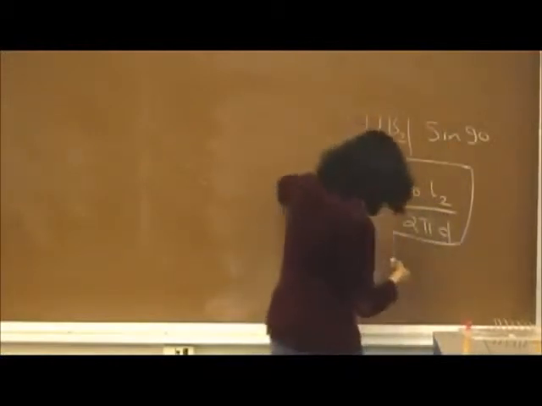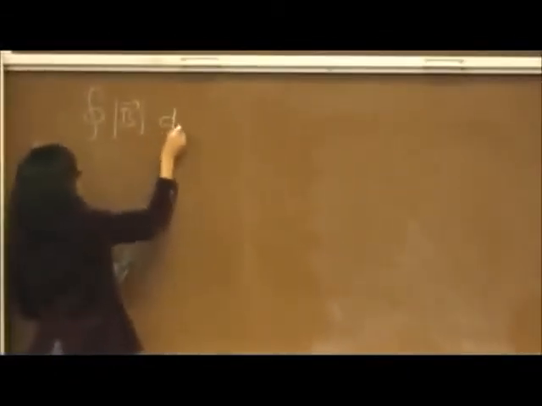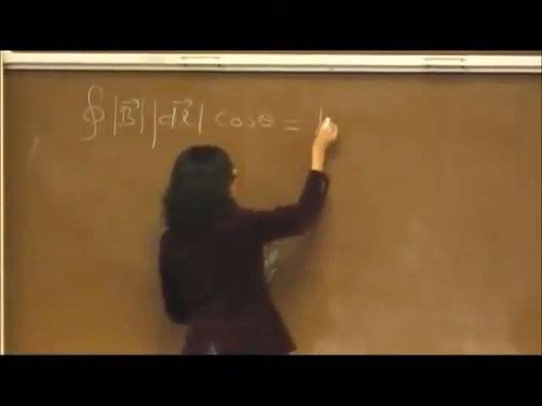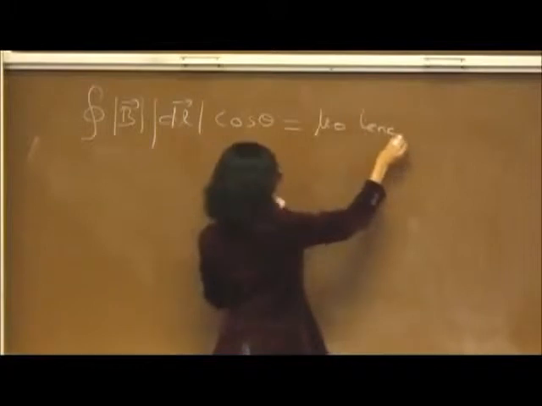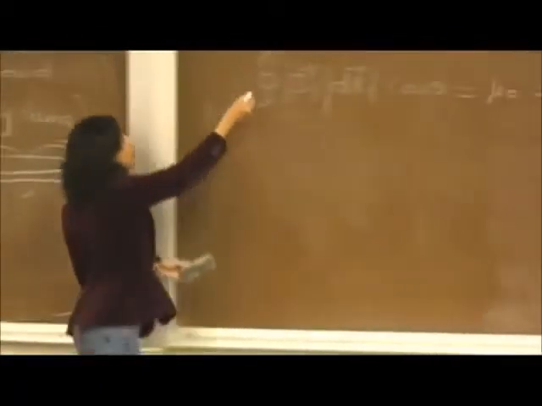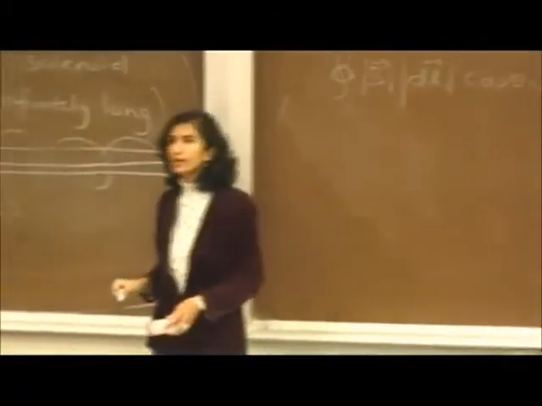Any thoughts, folks? So the question is this. We want to use this integral B dl cosine theta equal to mu 0 times I enclosed. What kind of loop should we choose? We have to choose a closed Amperian loop.